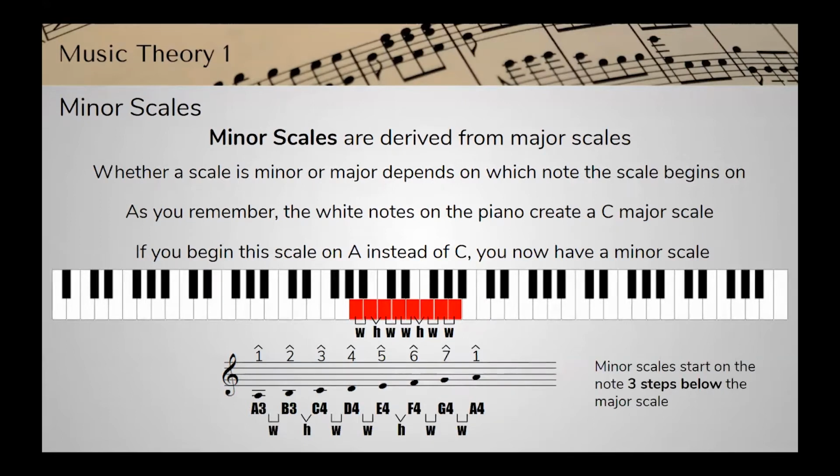And the note you start on to create a minor scale is always 3 steps below the note that makes the major scale. We call that a relative relationship, and it's always 3 steps down, which we'll learn later is called a minor third. Okay, so 3 piano keys down from C is A, and that's where the minor scale begins in this key.